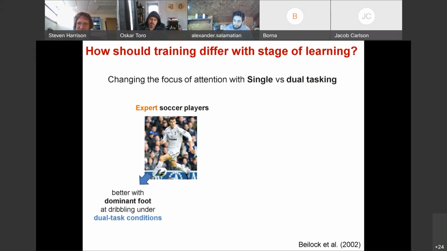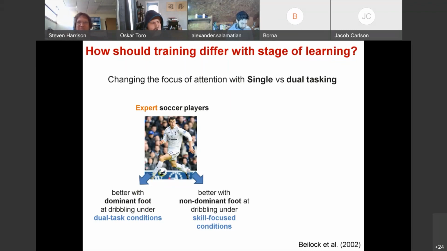Soccer players, like handedness, will have a particular side that they control the ball on to a much greater degree. When you give them the task of dribbling the ball down the pitch, primarily with their right foot, if you ask them to do this while also doing a simple dual task, their skillfulness will be improved.